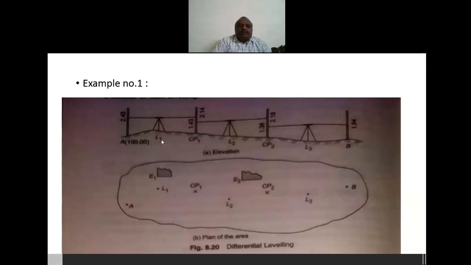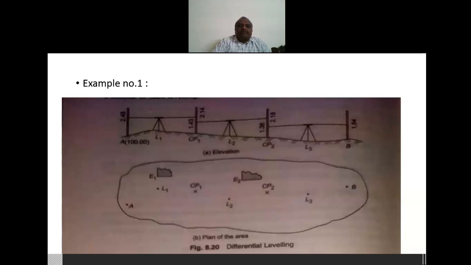After taking the backsight, we should move on to the second reading. Here, a change point is required. If a change point is required, automatically the reading should be a foresight, that is 1.42. Without changing the staff, we should shift the instrument from L1 to L2, and the temporary adjustment should be done. After that, once again we bisect the staff reading on the same change point.